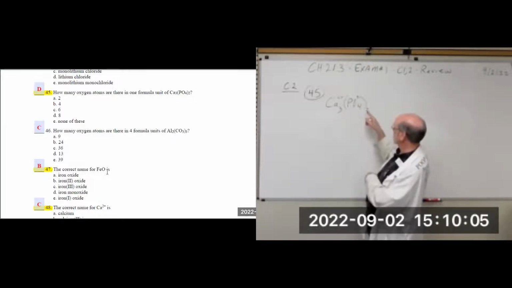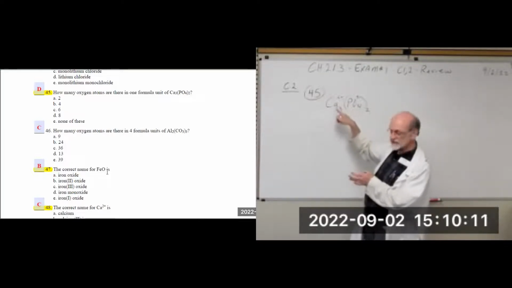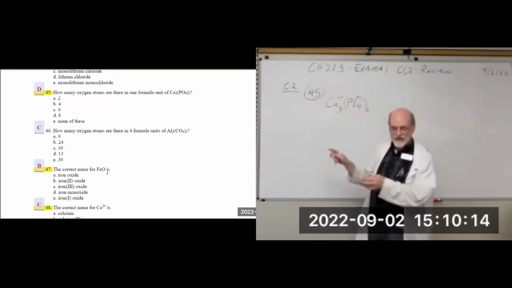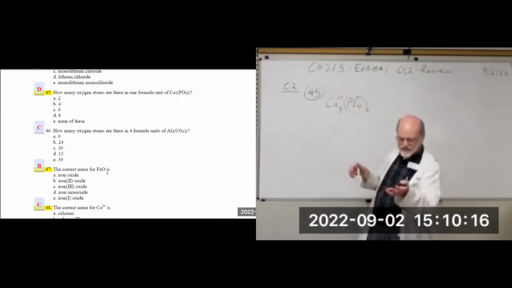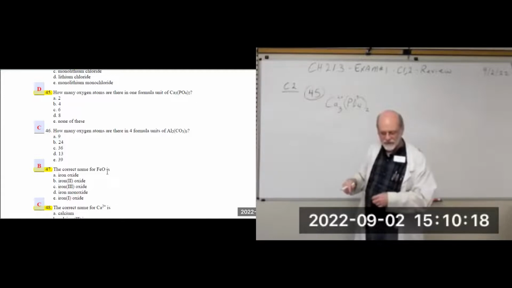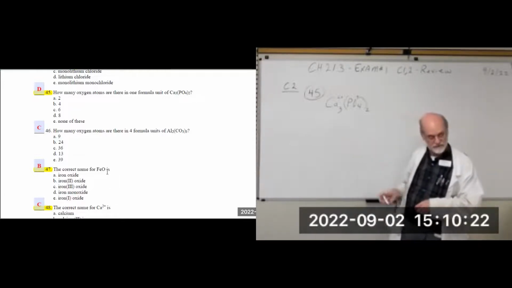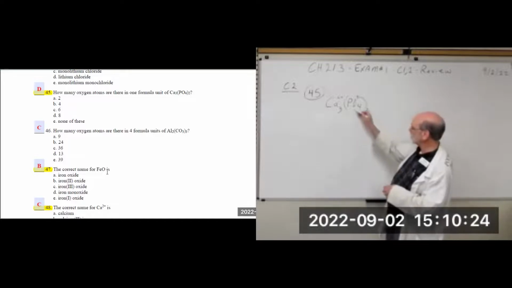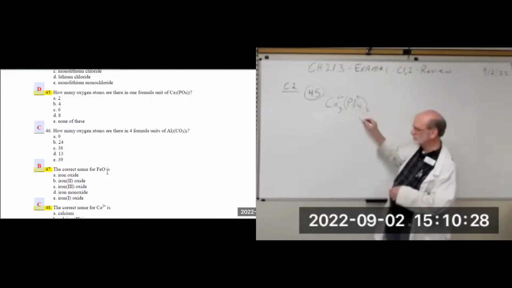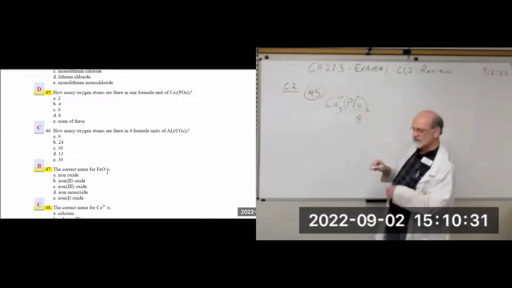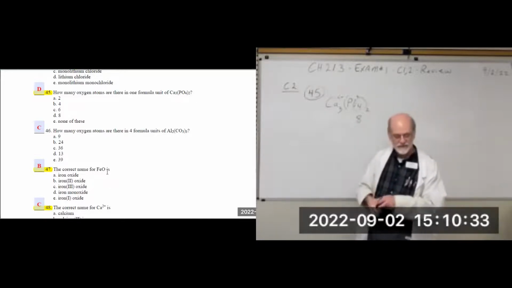So we just take the 3 charge and put it over here, and the 2 charge and put it over here. 3 times 2+ is 6+. 2 times 3- is 6-. It's balanced. I was just checking to see if they were right. But the question is, how many oxygen atoms are in that formula unit? Well, you got 4 here, right? But you've also got 2 of those polyatomics. So you have 8 oxygens.